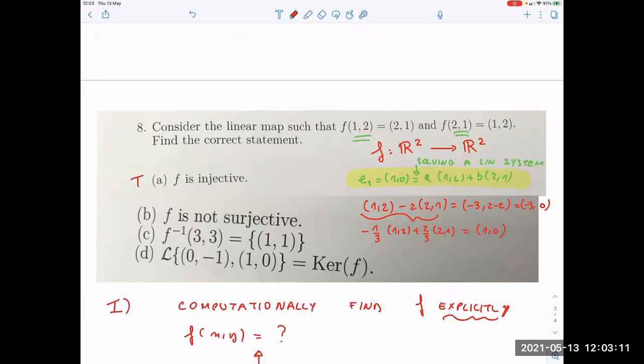Nothing strange about that, right? It is injective because the dimension of the kernel is 0. Also, something you want to note, f is an endomorphism.